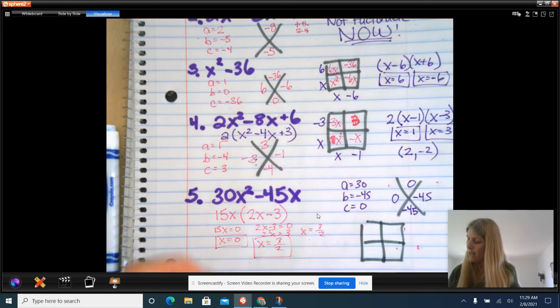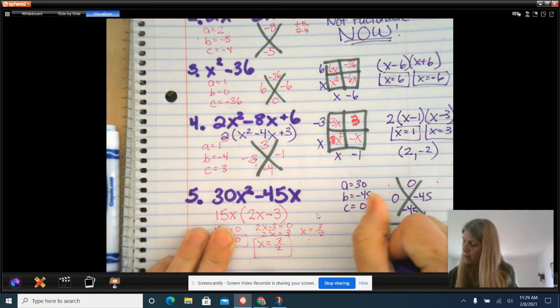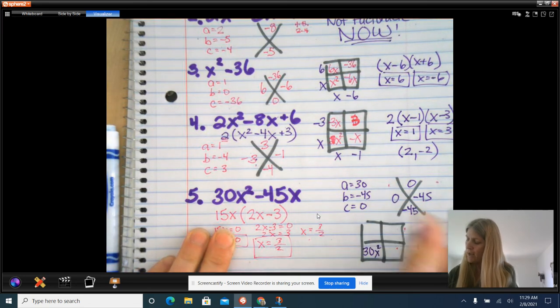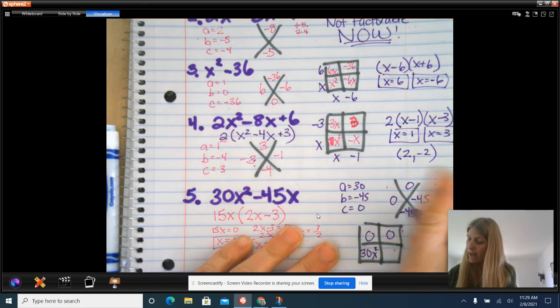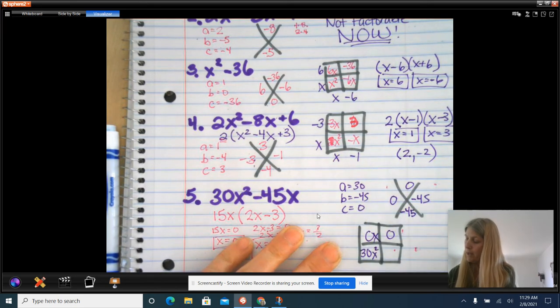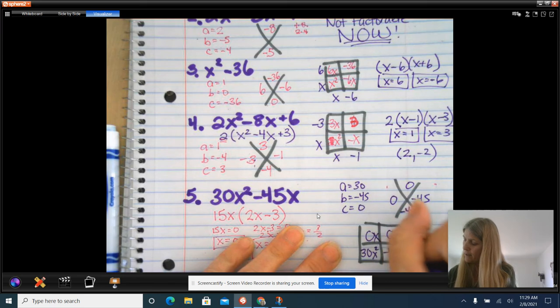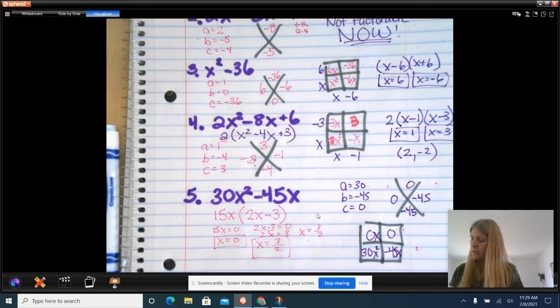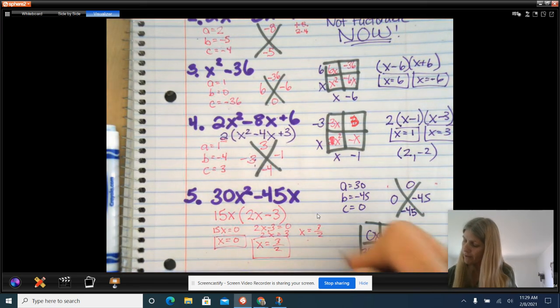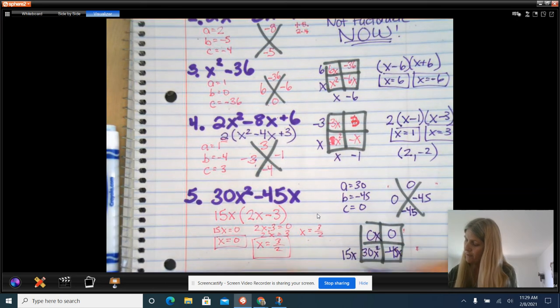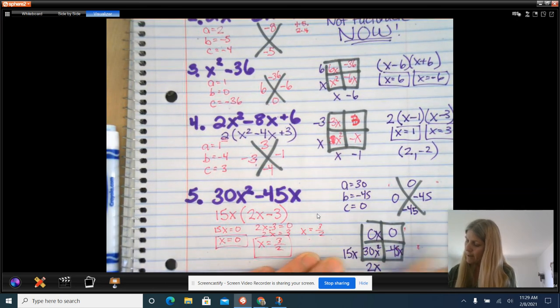We could then go ahead and take in our 30x squared over here. We have a 0 up here, and then we have a 0x here, which is just 0, and we have a negative 45x here. So as we're doing this, we're then going to pull out our 15x here. 15x times 2x, and this, of course, is just going to be a 0.